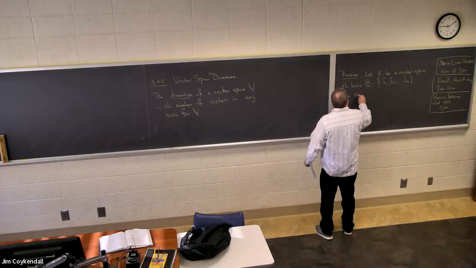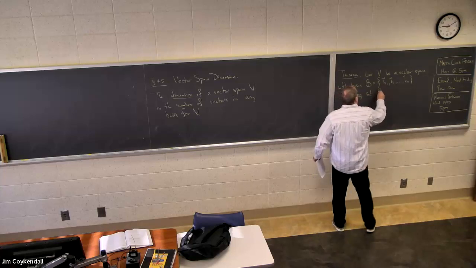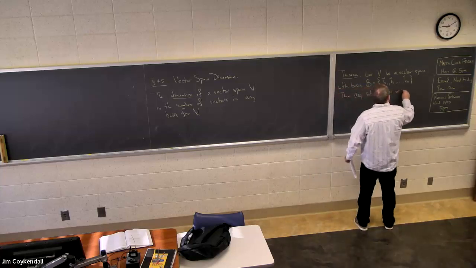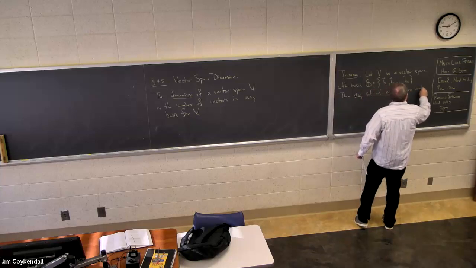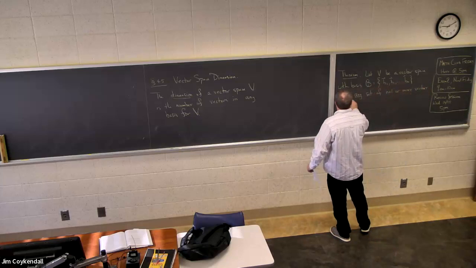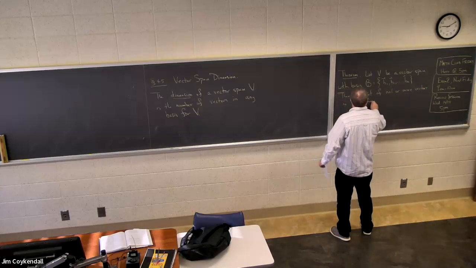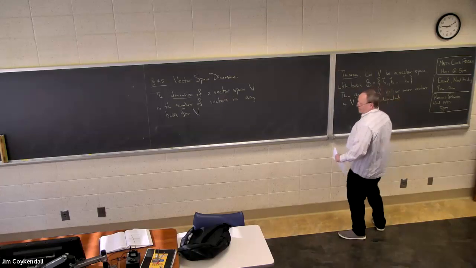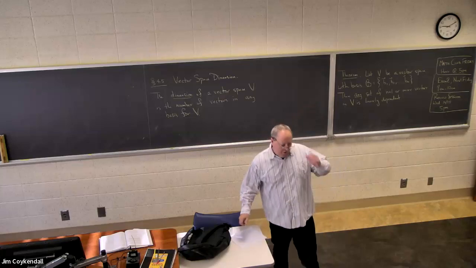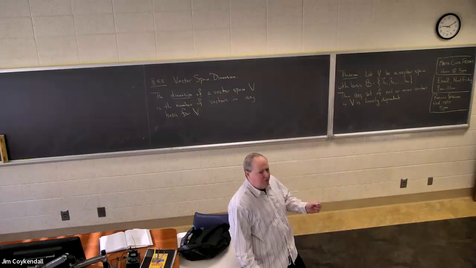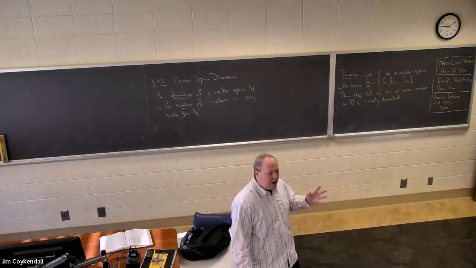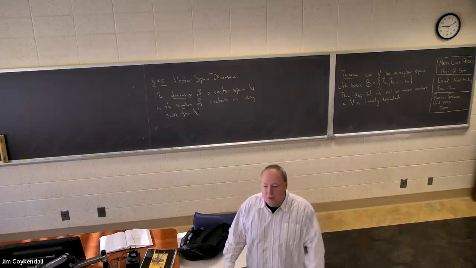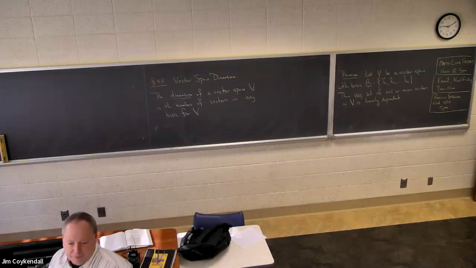Then any set of n plus 1 or more vectors in V is linearly dependent. So if you pick more vectors than the dimension of the space, that automatically has to be a linearly dependent set. So if you are living in a 5-dimensional vector space and you pick 6 vectors, 7 vectors, 10 vectors, automatically it's linearly dependent.